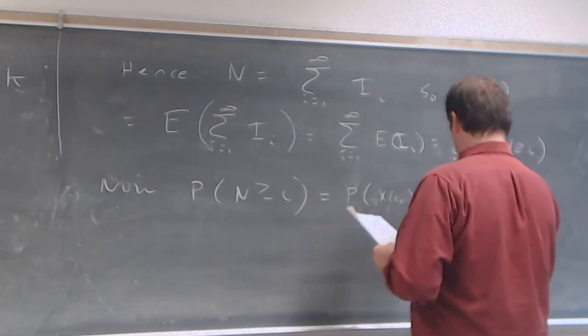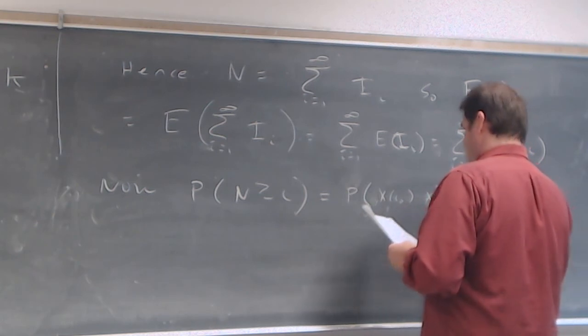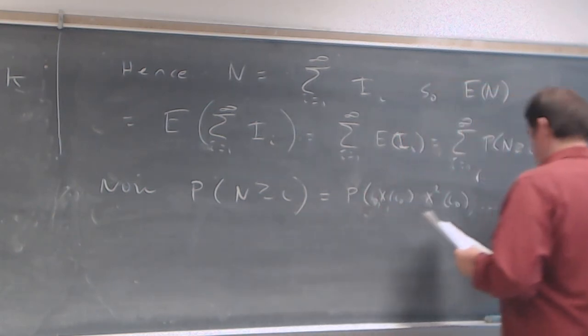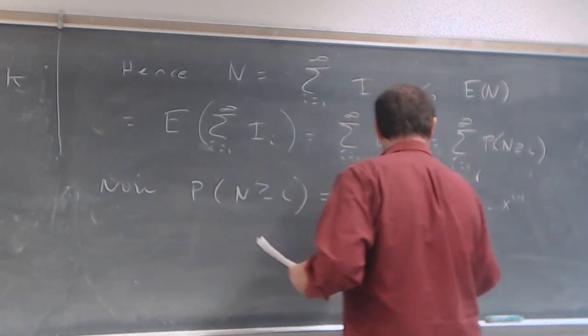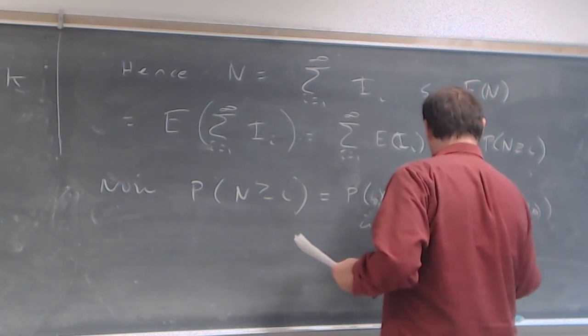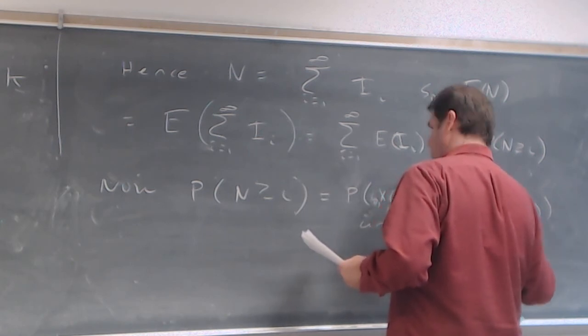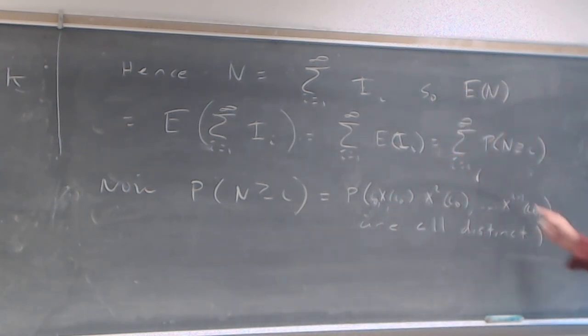Let me just write it out this way, all the way up to X^(i-1) of i naught. All these are all distinct. This is i naught. Okay, that's what that's equal to.